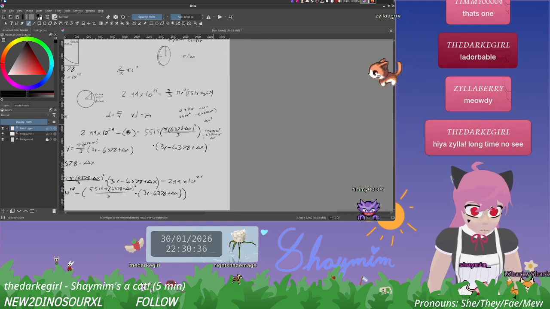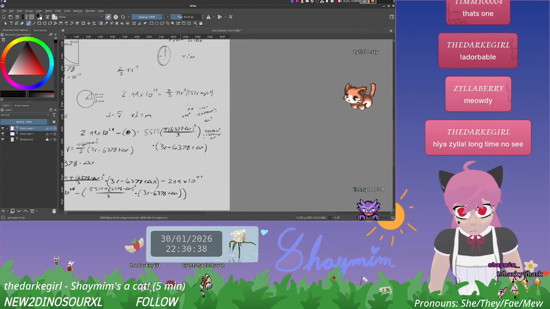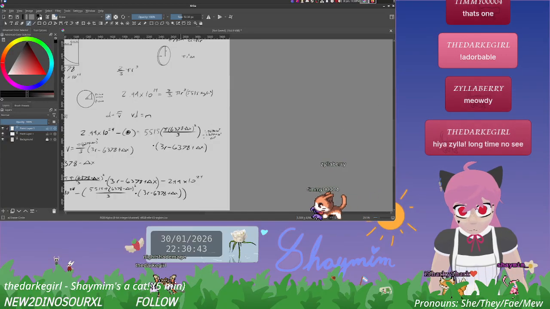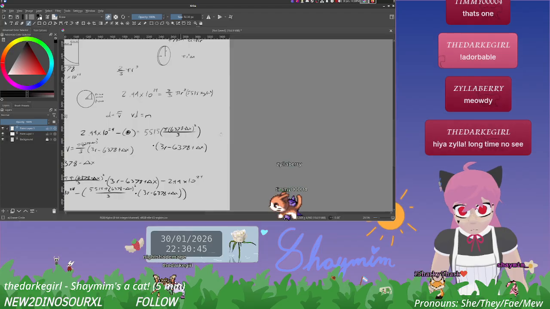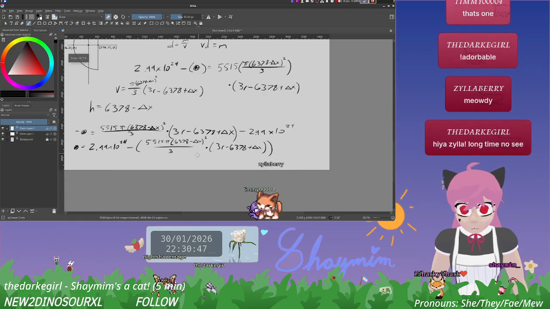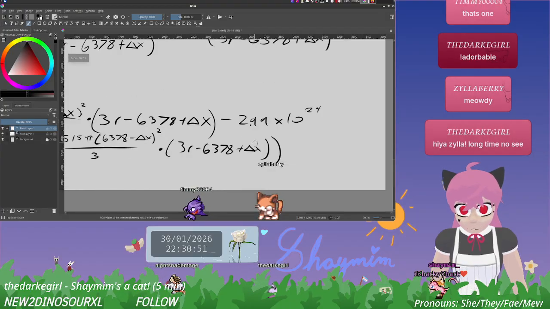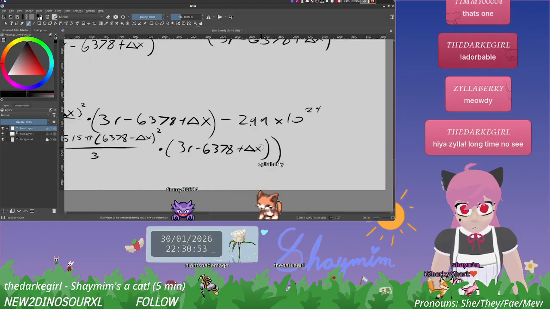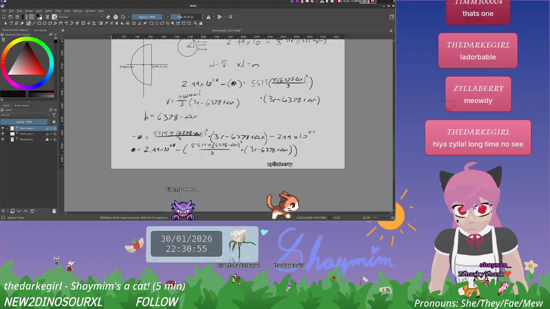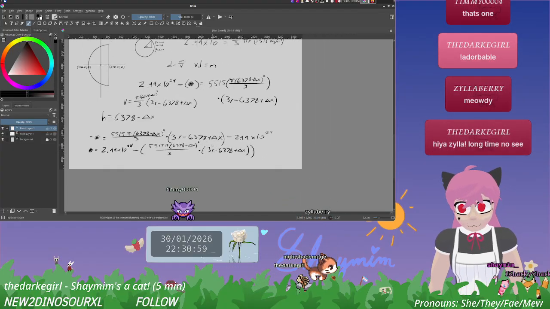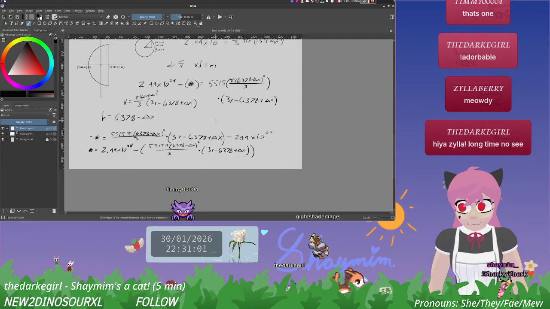I actually don't like that, so I'm going to not expand it. I'm trying to find the best way to simplify, though. I mean, my favorite way would be to solve for r here, and then we could do something about it. But it's fine, I guess.